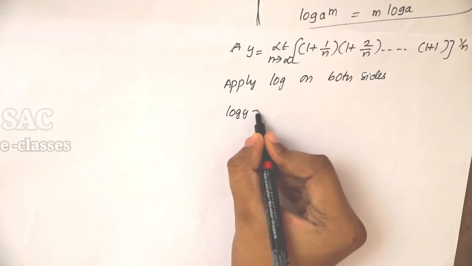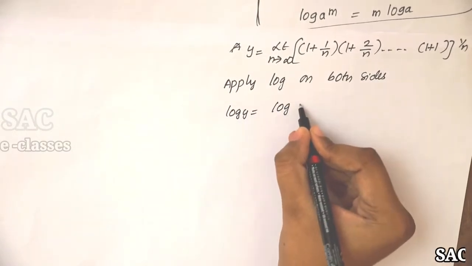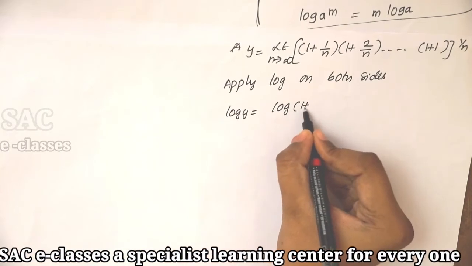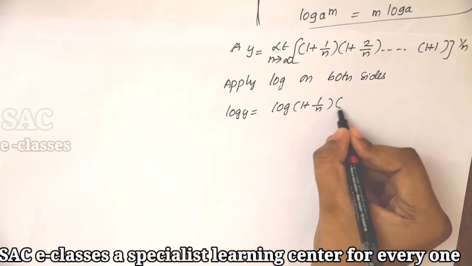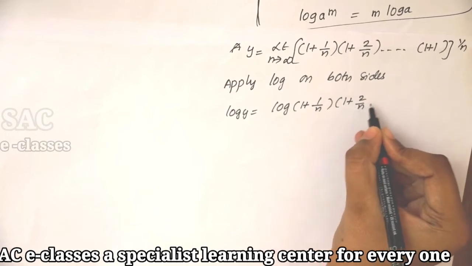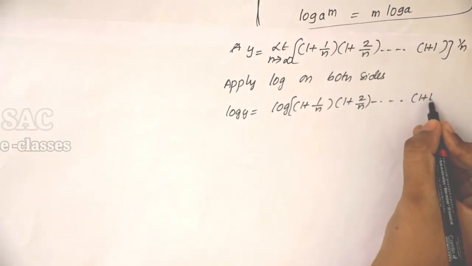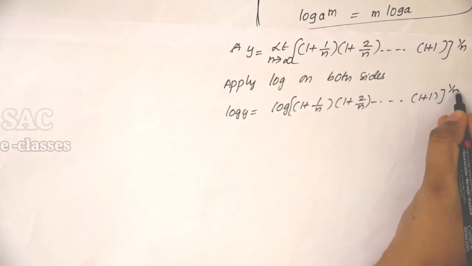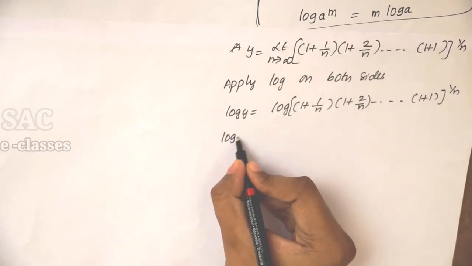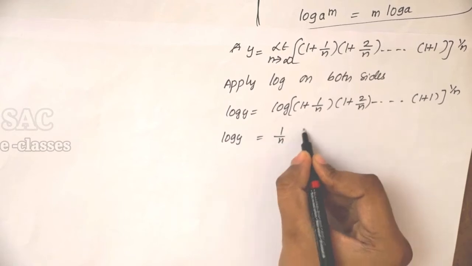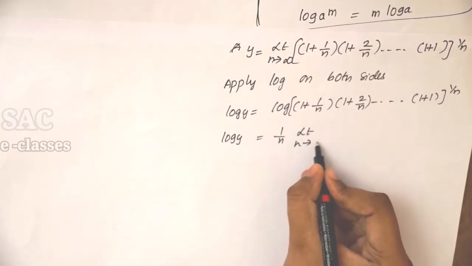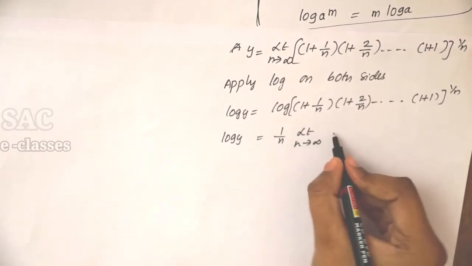Log y is equal to log of (1 plus 1 by n)(1 plus 2 by n) and so on, whole power 1 by n. Then log y is equal to 1 by n into limit n tends to infinity log of.